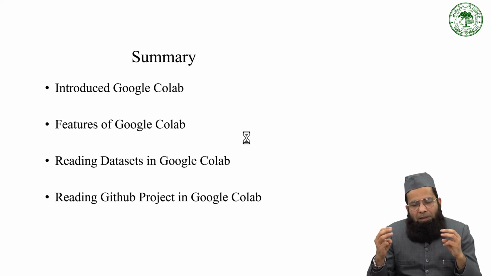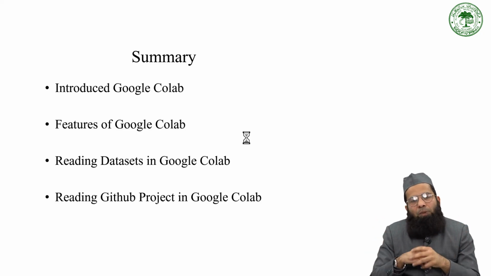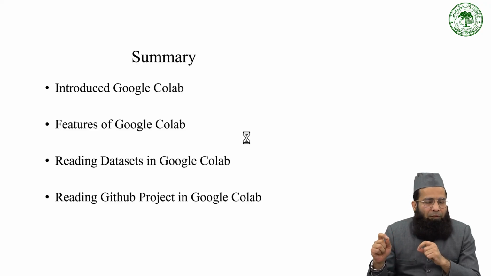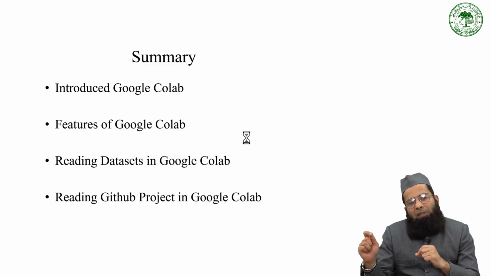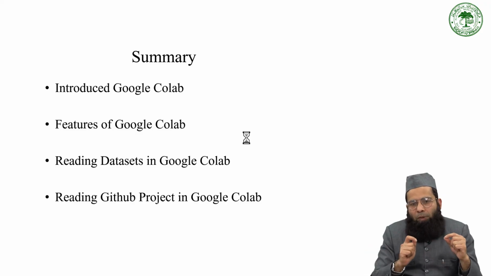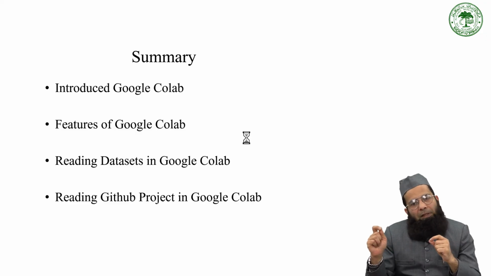I have discussed 3 different ways to access the data set. The very first was directly through the Kaggle dataset, and the data will be downloaded to your Google Colab session. For that purpose, you need to have an API token.